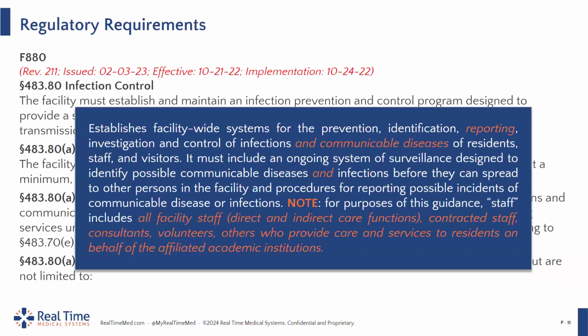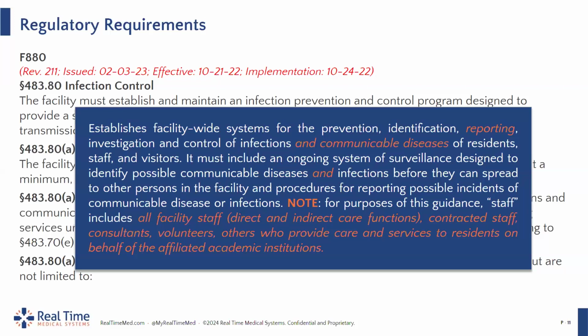Go ahead, Kim, and you can go on to the next slide, and we'll talk about 880 a little bit. As I mentioned earlier, 880 is really that big bucket. Prior to the phase 3 requirements that came into play, we started learning about them in, I think, December of 16, and some of them started in November or December of 17. First of all, the numbers changed, and second of all, we only had one regulation for infection control.